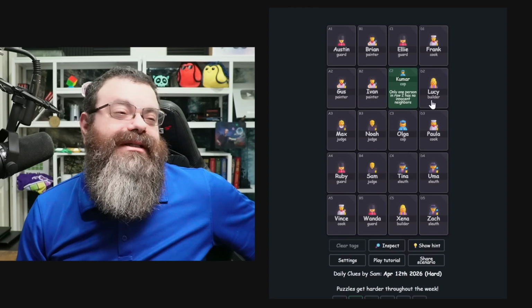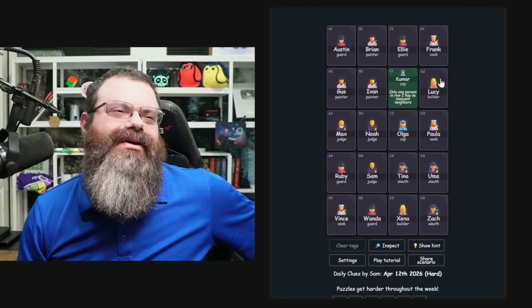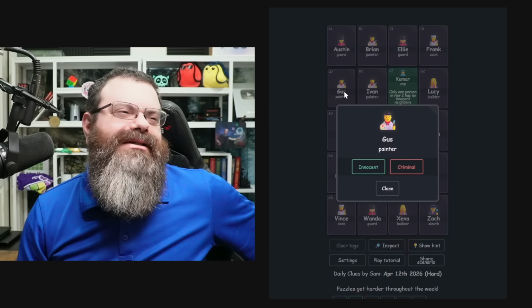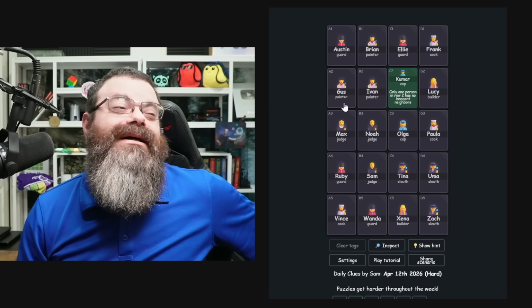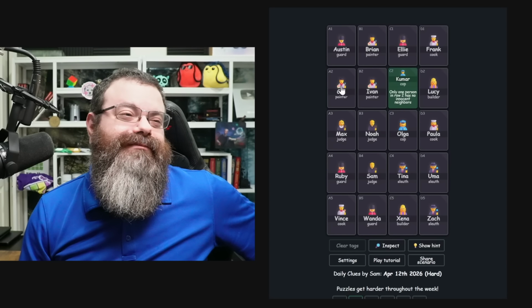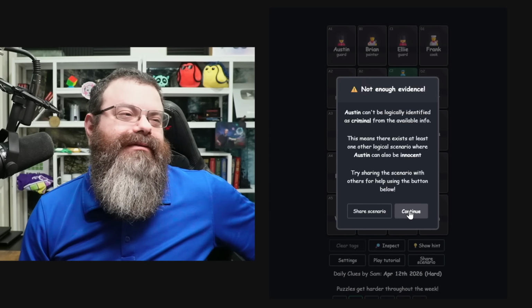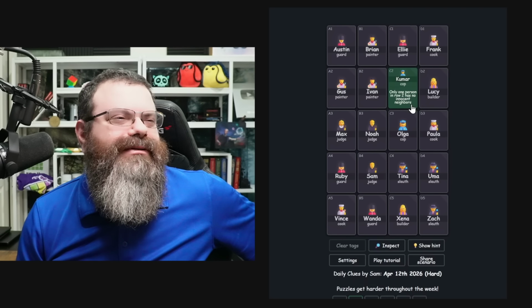So this is row 2. One person in row 2 has no innocent neighbors. And so Lucy and Ivan already have an innocent neighbor. And so Gus is the only one. Oh, wait, hold on. So Gus has to have no innocent neighbors, meaning all of his neighbors are criminals. Wait, really? Only one person in row 2 has no innocent neighbors.